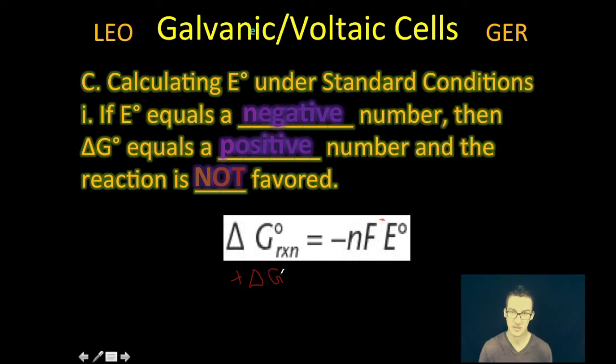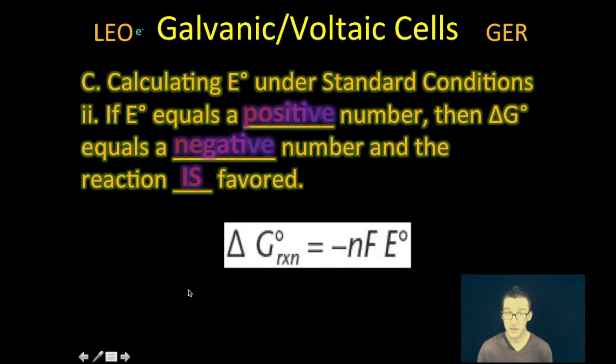On the other hand, if you have a positive standard cell voltage value, based on how the equation is set up, a negative times a positive, you're going to get a negative Gibbs free energy value. And that is thermodynamically favored, or that is going to indicate some spontaneity to your reaction.